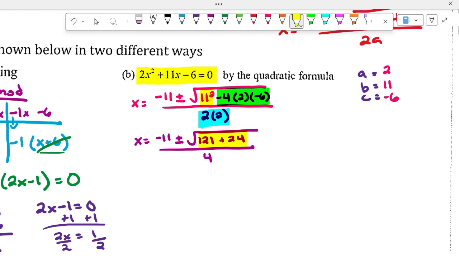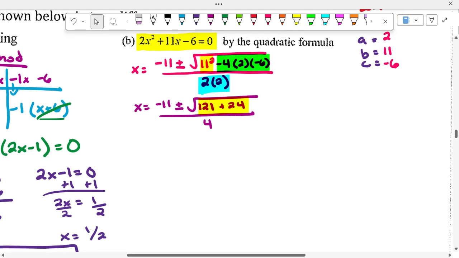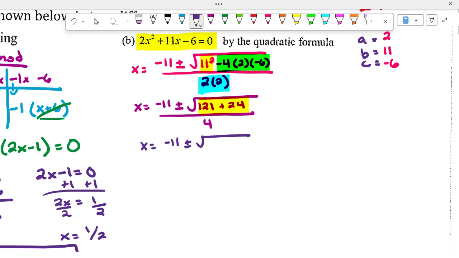Now I'm going to simplify the addition that's under the radical. So I have x equals negative 11 plus or minus the square root. What's 121 plus 24? 125. Okay, yeah. So this shouldn't be 24. This should be 48.